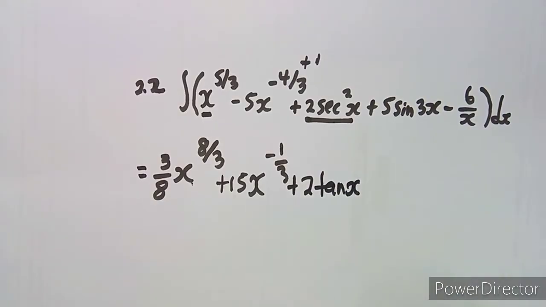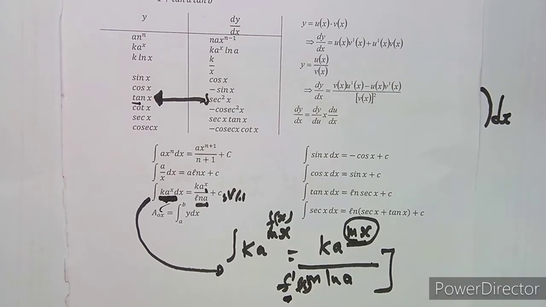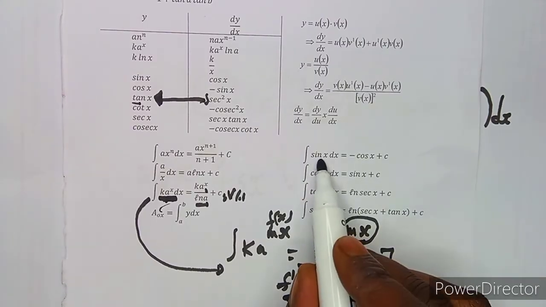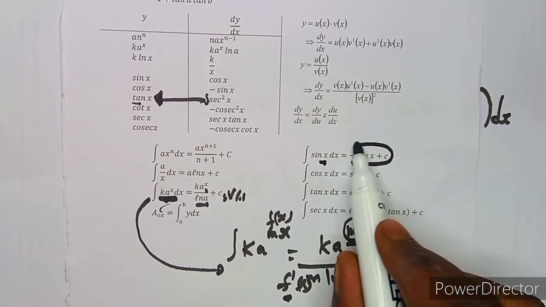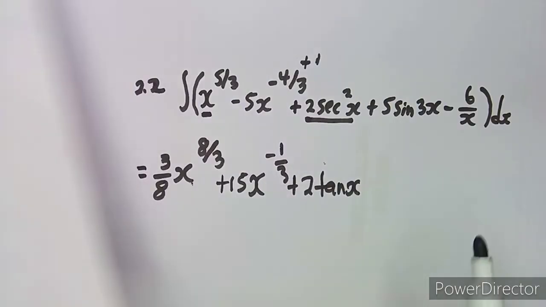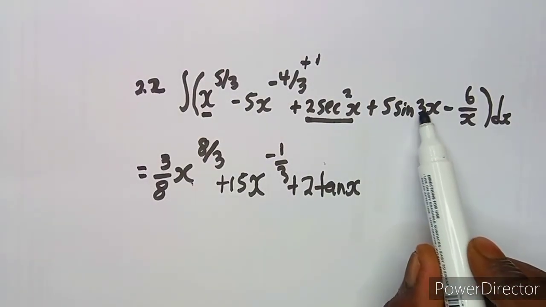That is the integral of what? Of sec. All right, we have got sine here. But take note, guys, like I always say, these integrals are just given so that you can do adjustments. This is sine x, which is going to give us negative cos x plus c. But here, this is sine 3x. Take note.